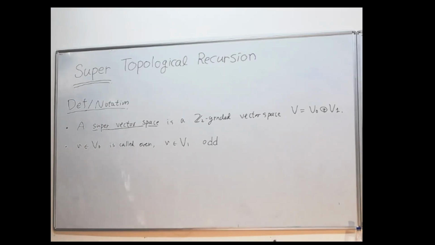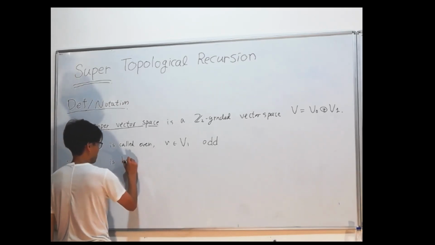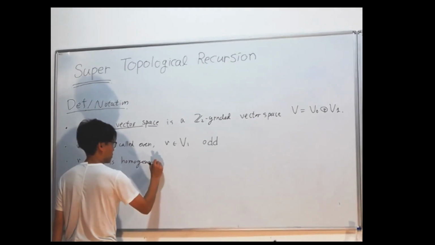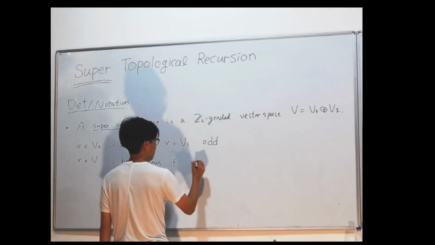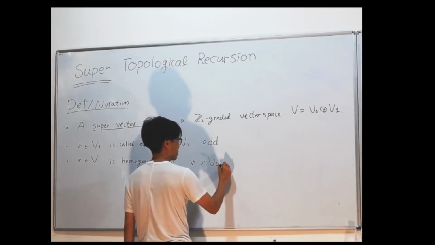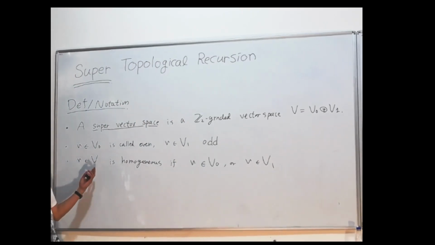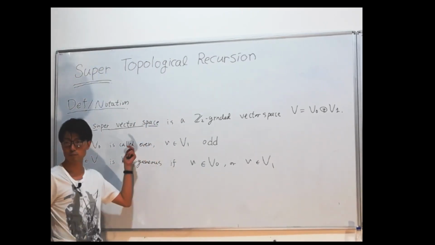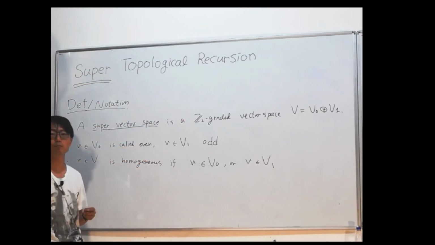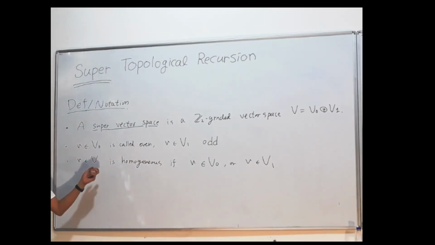And an element in V is called homogeneous if it is either in V_0 or in V_1. Of course, in principle, you can have some element which is mixed, which has both even and odd parts, but most of the time we actually care about the homogeneous elements. Now we need parity.